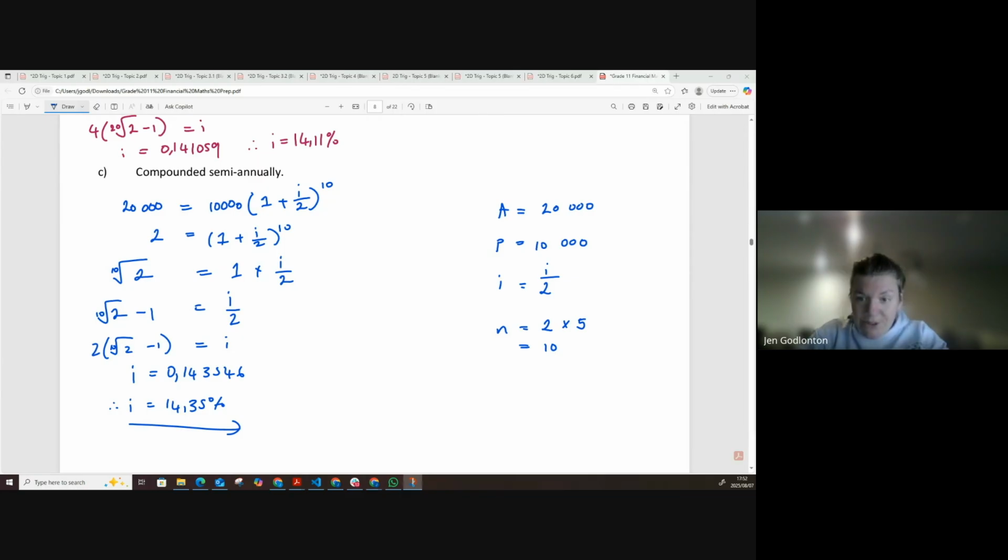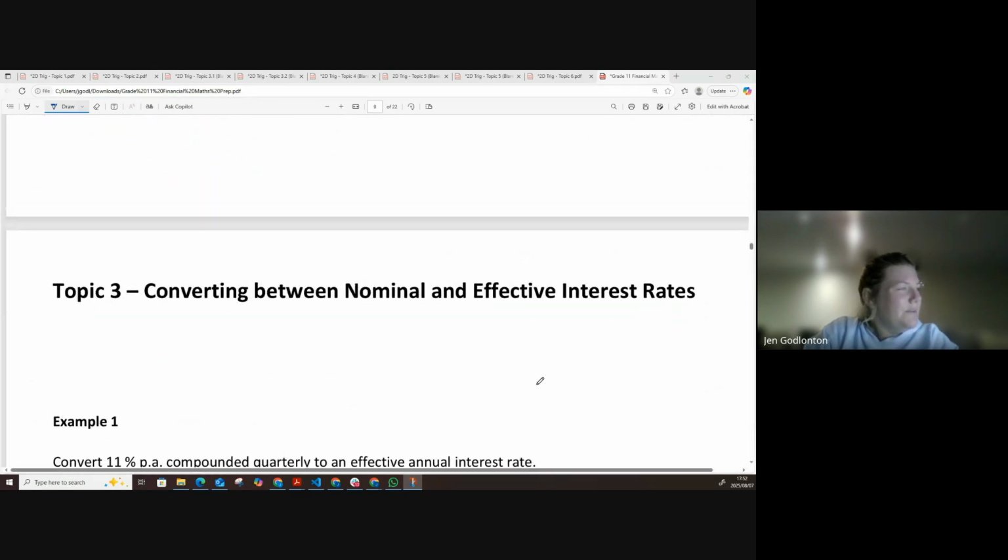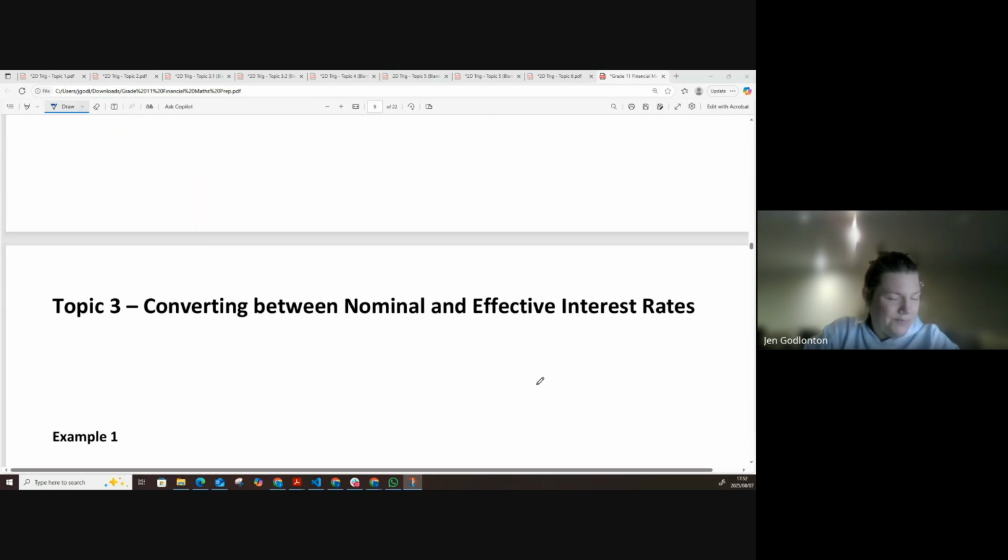So now we're going to do some things which can get a little messy. Before we jump into the questions, we spoke about this on Tuesday. There are 2 different things we're looking at here. We've got nominal and effective.